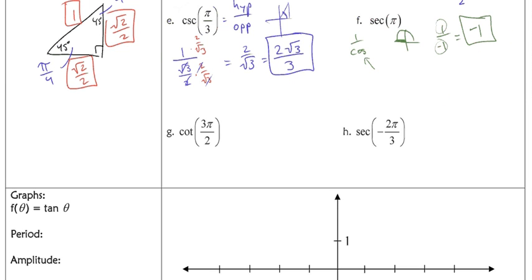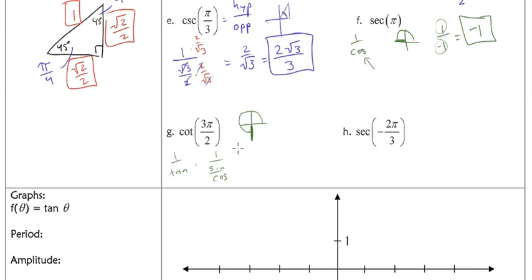All right, the cotangent of 3/2 pi. Sketching that out, we're around to right here. Cotangent is going to be 1 over the tangent, and tangent itself is sine over cosine.